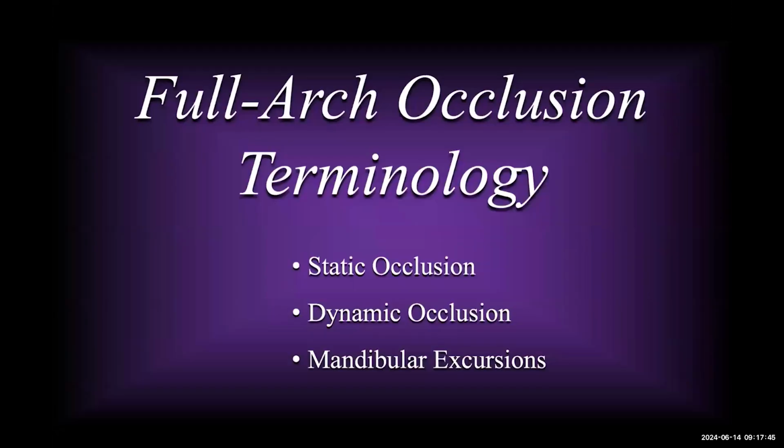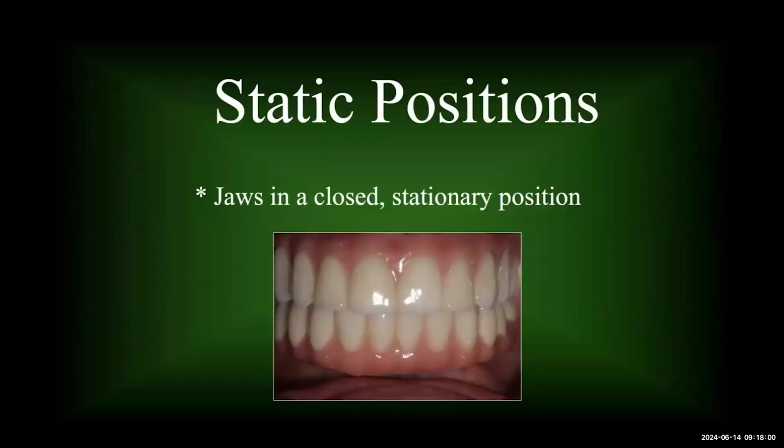So first of all, if we look at terminology, and like I said, this is going to be a little bit basic, but I just want everyone to have the same terminology. So when we discuss the ideal occlusal scheme, everyone will be on the same page. If we look at occlusion, there's a static way of looking at occlusion.